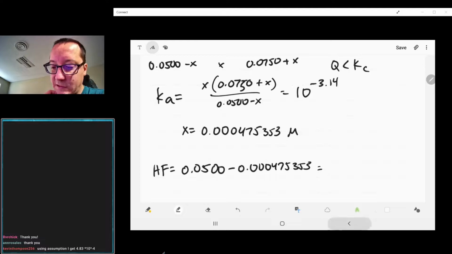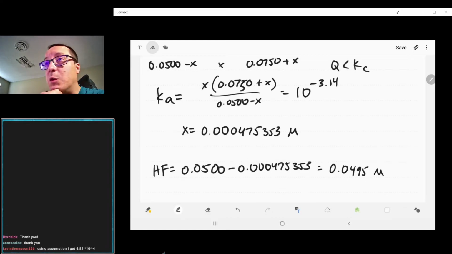With proper sig figs, are we even going to have a difference? Very slightly, we will have a difference here with sig figs. 0.05 minus all of this. Let's just put that in there. If we do that, we get 0.0495. I guess I could have done that in my head. Molar with sig figs.